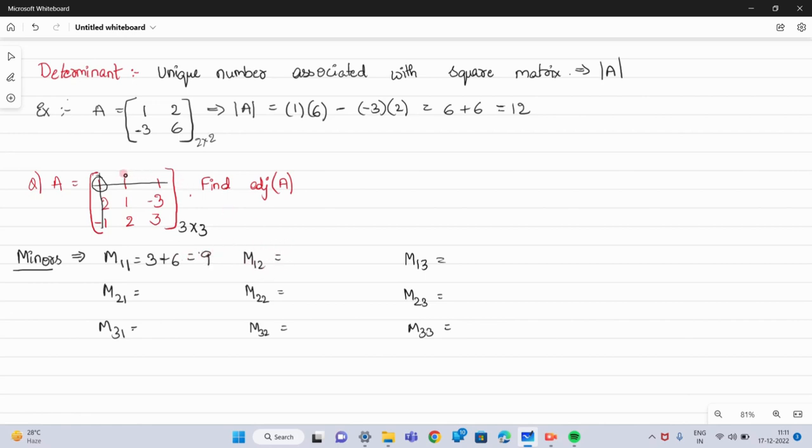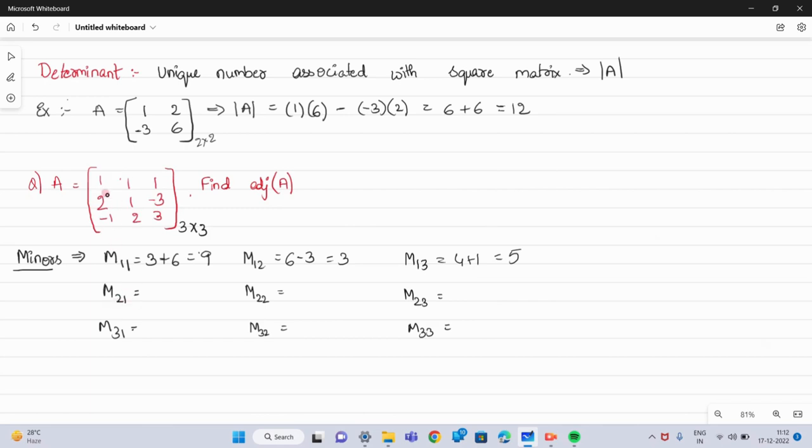Similarly for M12, hide the column and the row, and 3 twos are 6, minus 3, which is 3. For M13, hide this column and row, and take the determinant of the remaining elements. 4, minus minus 1, which is plus 1, and it gives 5.